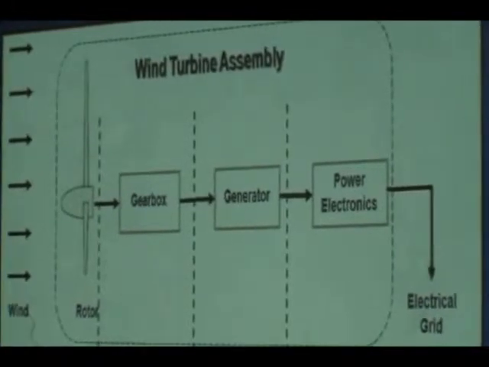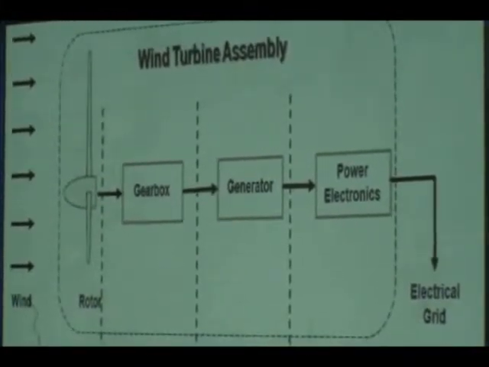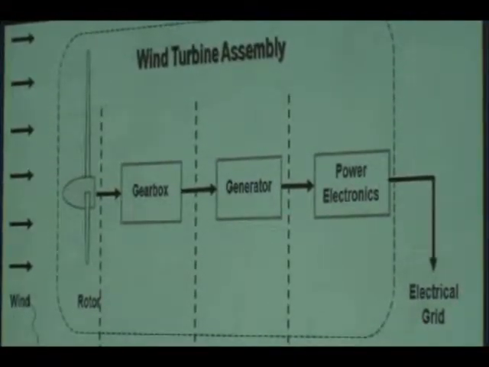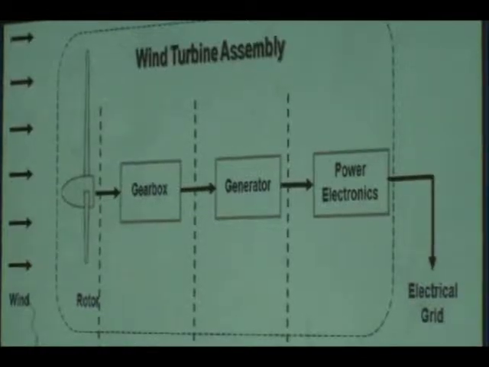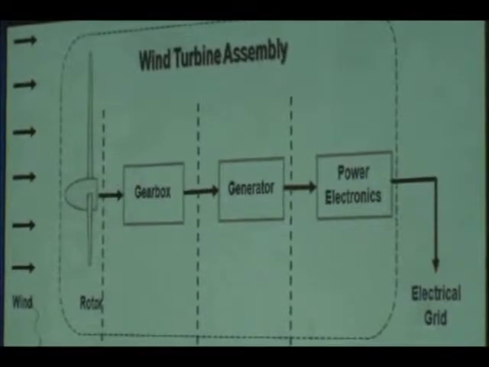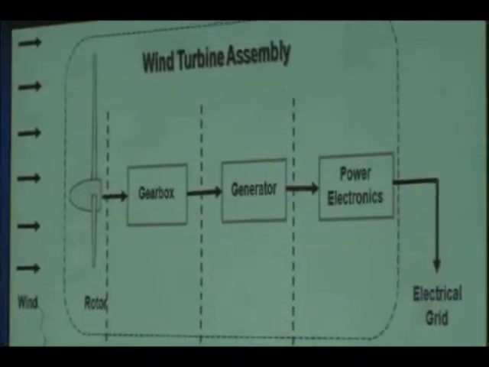That moves on to the gearbox, which is mechanical, and we then move on to the transmission, which is electrical. In designing wind turbine systems, the gearbox, generator, and power electronics are separate areas of research. Where the rotor is concerned, this is the area that we'll be concentrating on. This is the area that we feel is specific to the Caribbean.